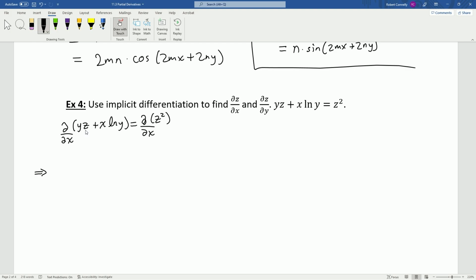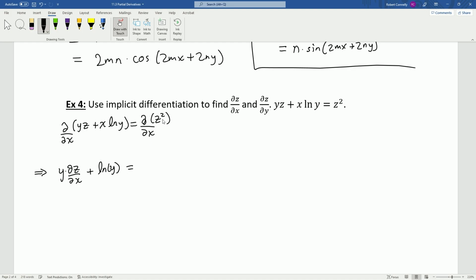Z is a function of x. So we get y times the derivative of z with respect to x. Plus, now here y is treated as a constant, and x is, of course, a variable in terms of x. So the derivative of x is 1, and we get left with just 1 times ln of y, which is ln of y.